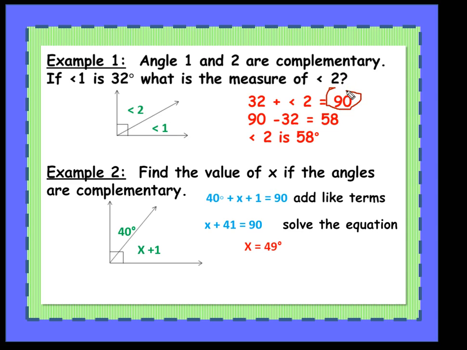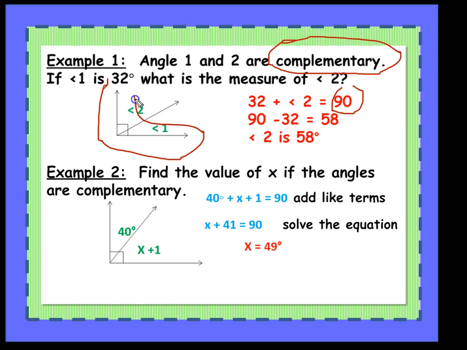Nowhere in the example did they tell us that it equals exactly 90. Not directly anyways. But they did say angles 1 and 2 are complementary. So that lets you know that the total is going to be 90. Okay? You can also tell by the picture. See this box right here? That tells you that the whole shape right there is going to add up to 90.